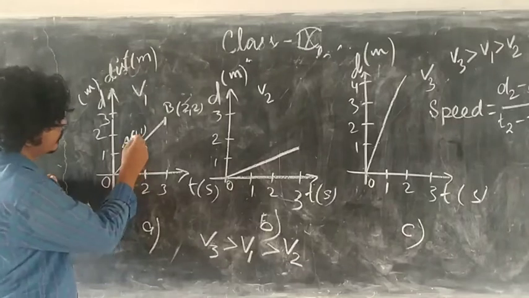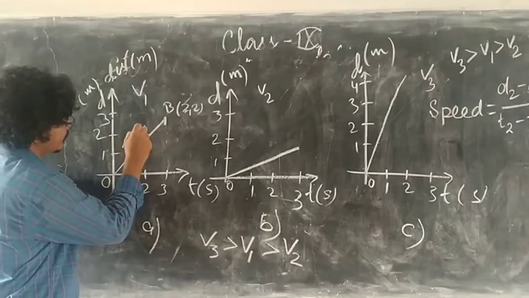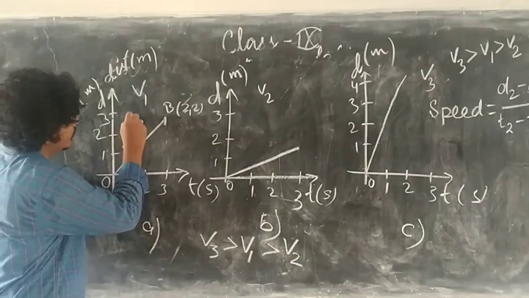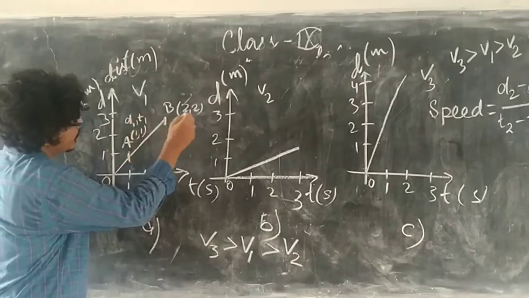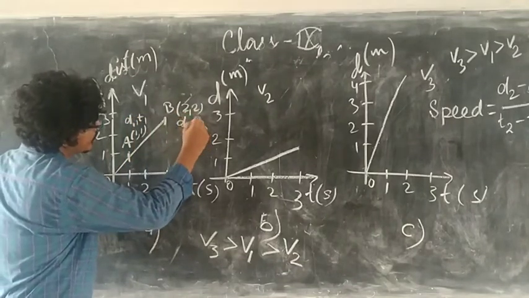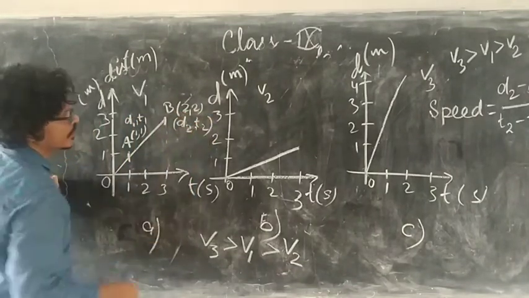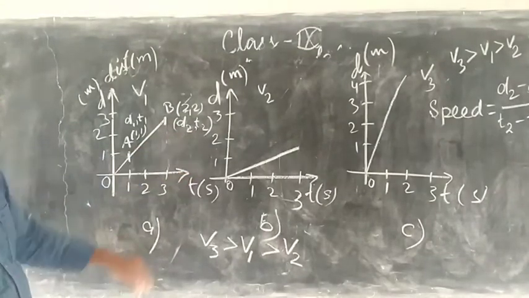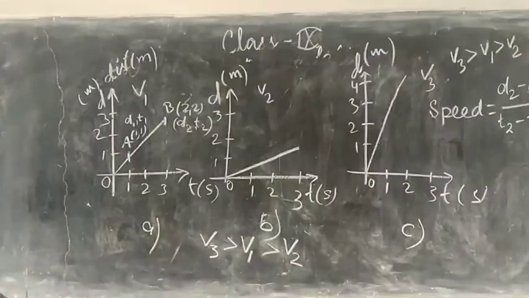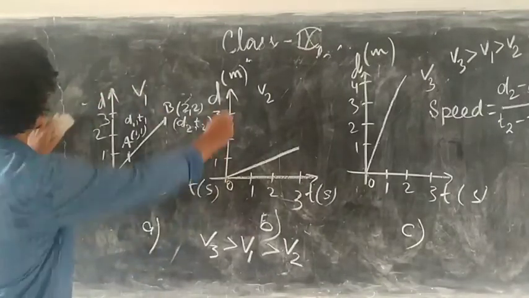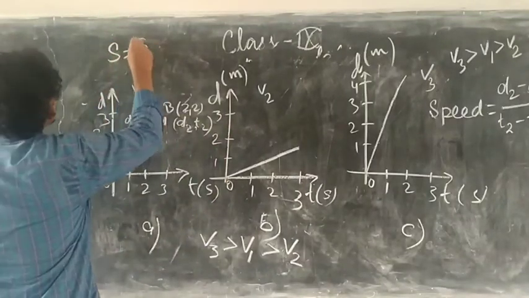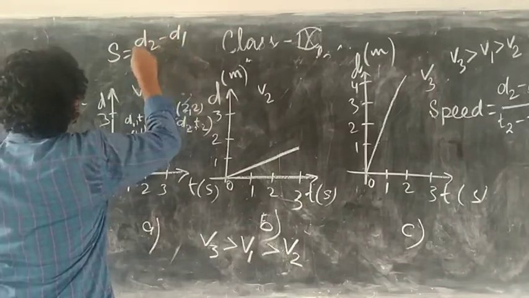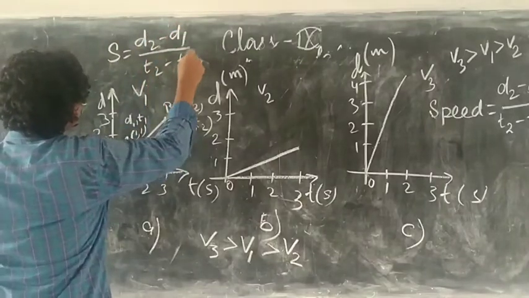So here these two are d1, t1 and these two are d2, t2. Now from here you can find the speed. Speed is given by d2 minus d1 by t2 minus t1.